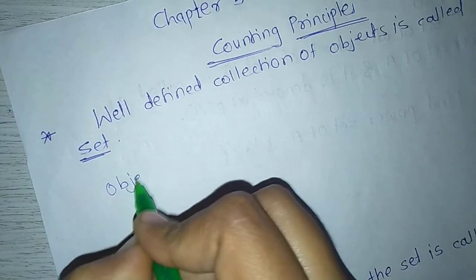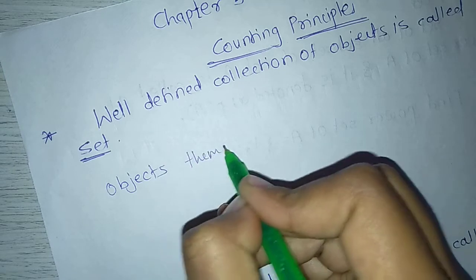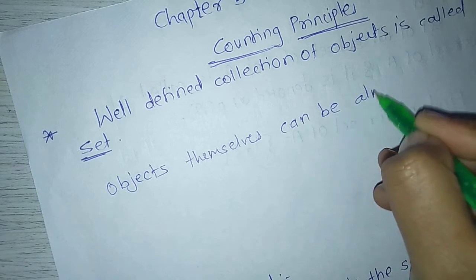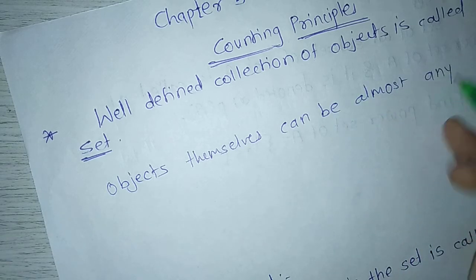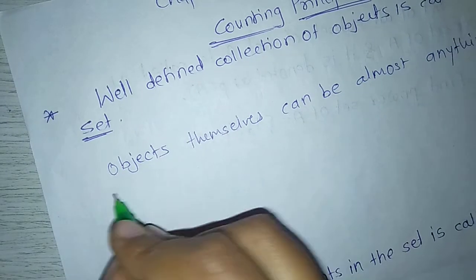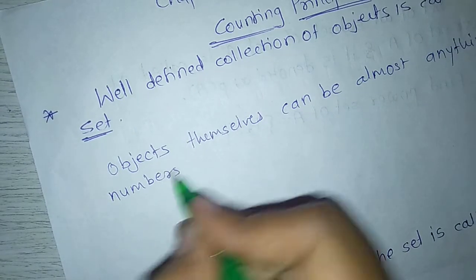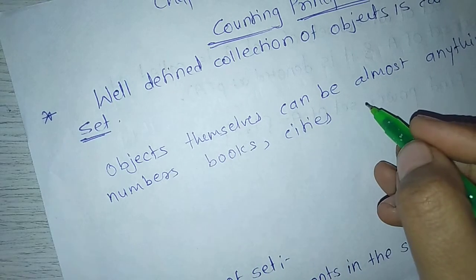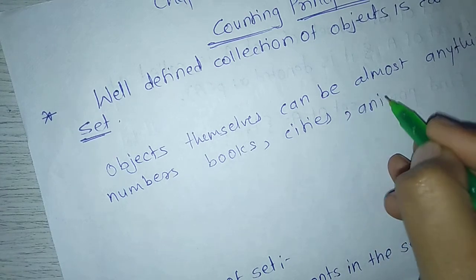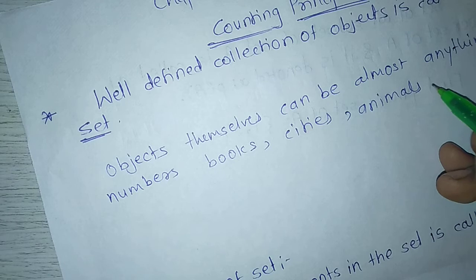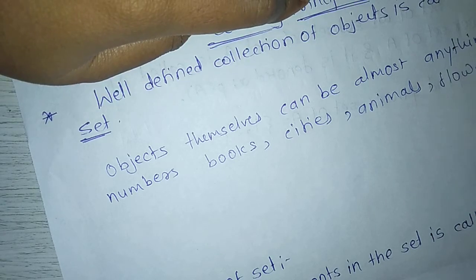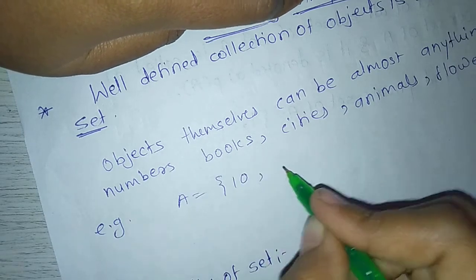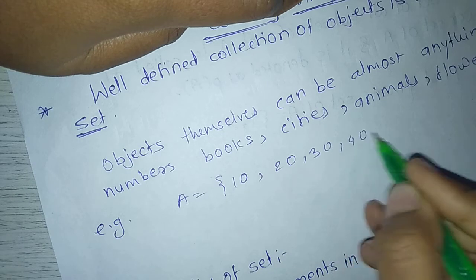The objects themselves can be almost anything: numbers, books, cities, animals, flowers, etc. For example, A equal to the set of 10, 20, 30, 40, 50.